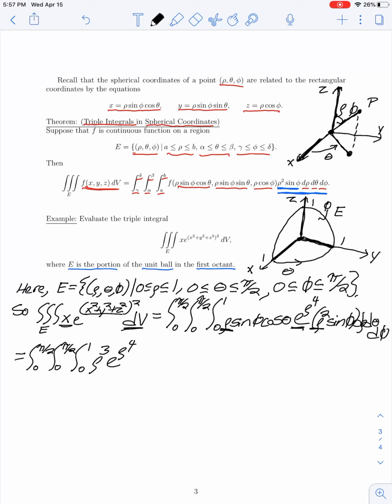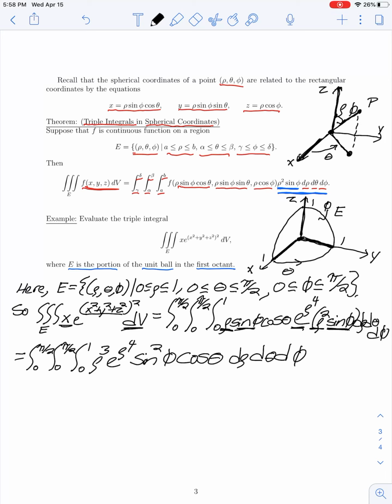Then grouping our phi terms, well, we had a sine of phi times another sine of phi. So we have sine squared phi. And then the only theta term that we had was cosine of theta. And then integrating here, d rho, d theta, d phi.